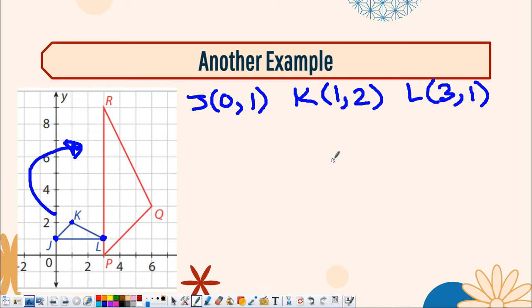Now I need those to become something bigger. I think that my scale factor might be 3. So let's see if it's 3. Remember, this is all guess and check. I'm going to try a scale factor of 3 because I know it's going to make things bigger.